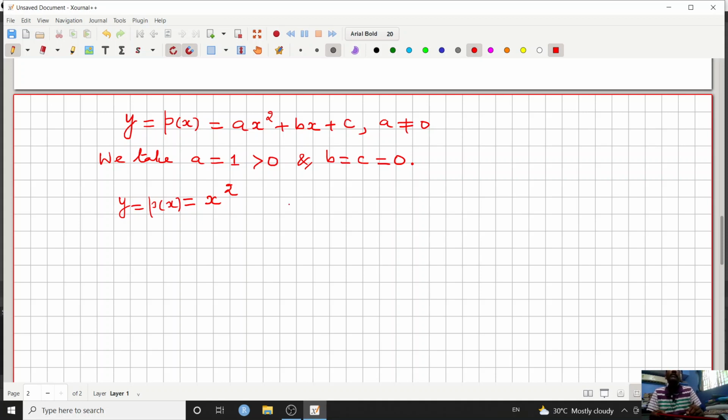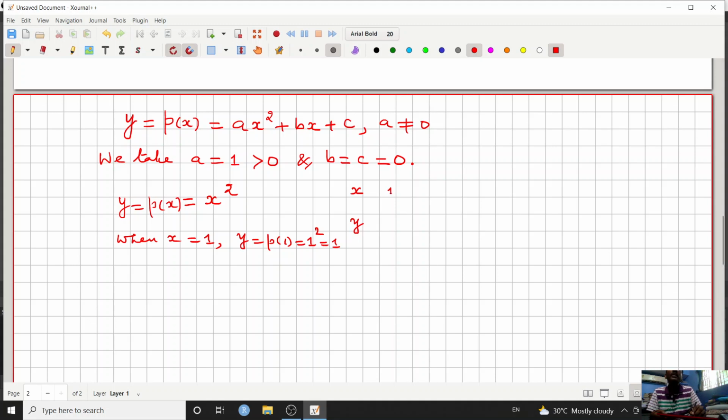Let us plot the values of x and the corresponding y value. When x is equal to 1, y is equal to p of 1, and that is equal to 1 square, which is 1.